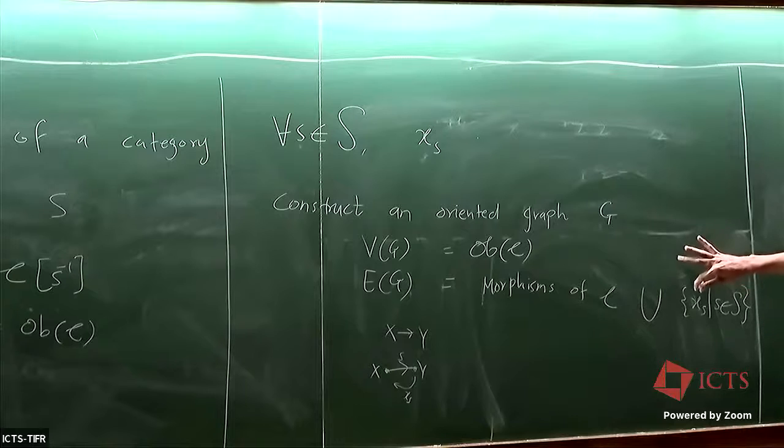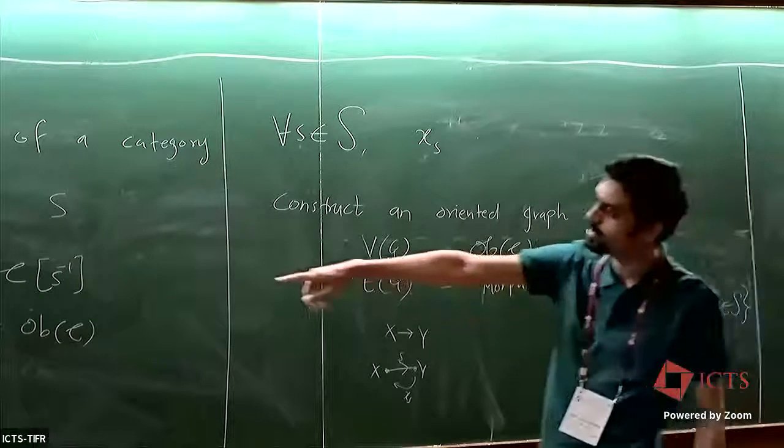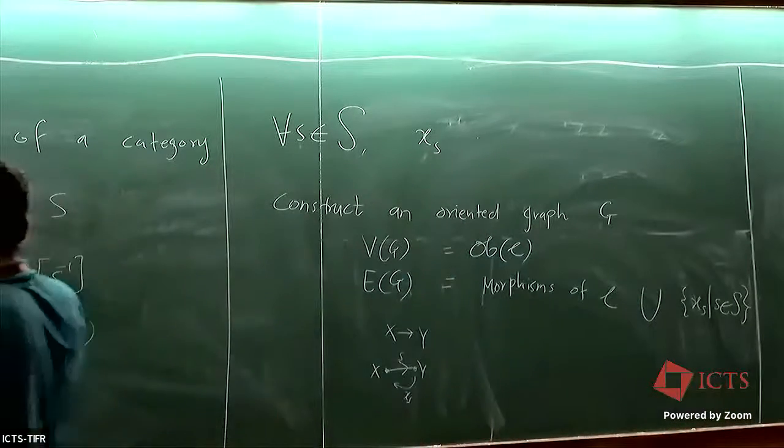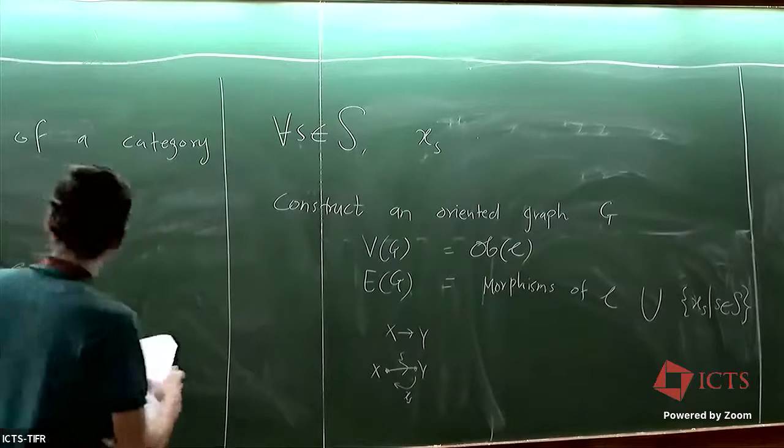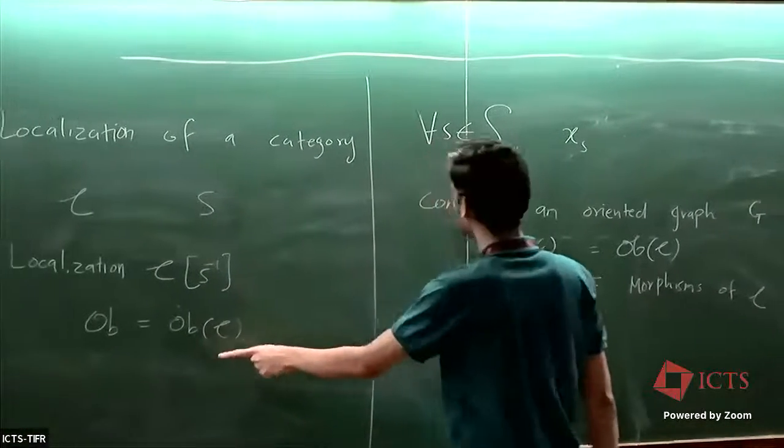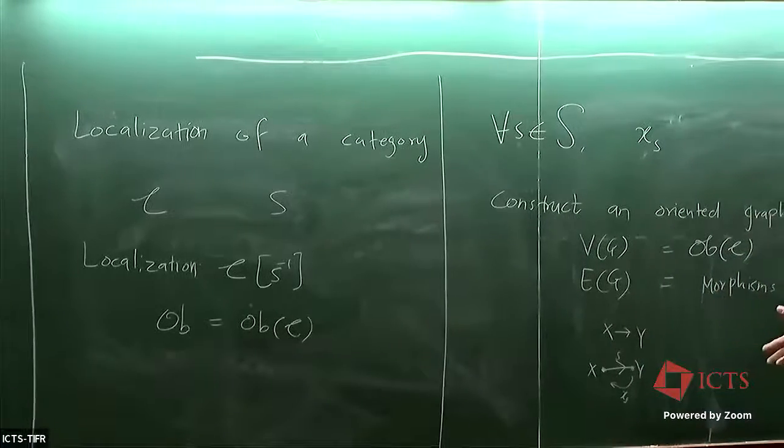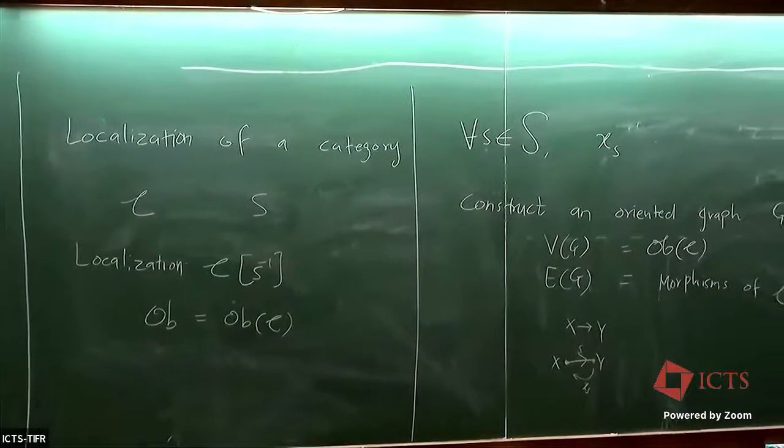Yeah, so we have this graph. Remember, we want to define this localization C[S^{-1}], whose objects are objects of C, and we are doing this to define what the morphisms are. So what are the morphisms?